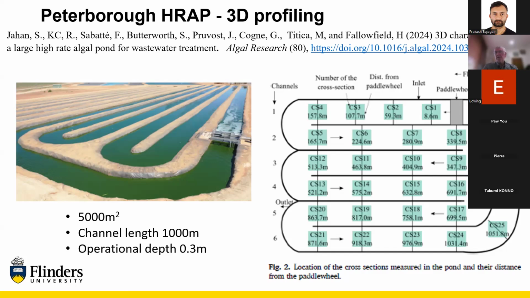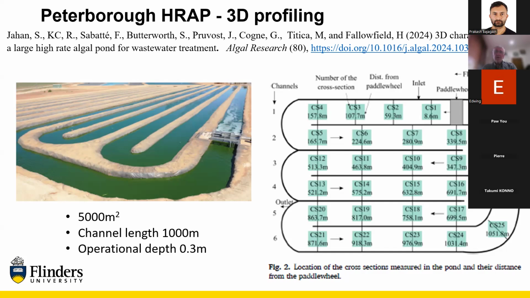But what Selene did, we were interested in characterizing this large high-rate algal pond. As I said, it's over a kilometre long and 3.4 metres wide. There were a lot of questions when we talked about it and presented it at various conferences. Even when we were designing it, some of the engineers wondered whether we could rely on one paddle wheel to mix such a length of channel.